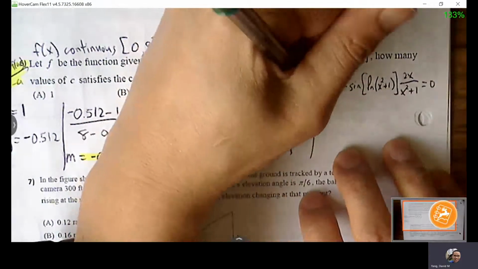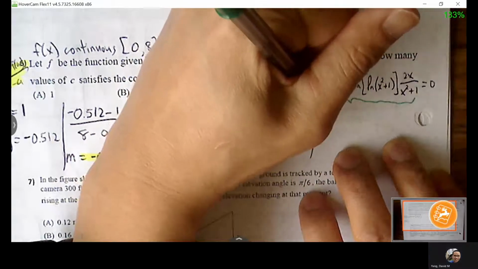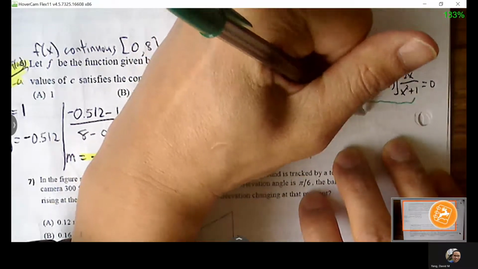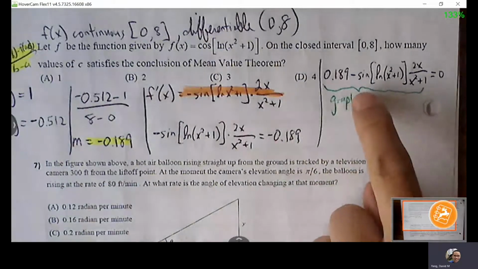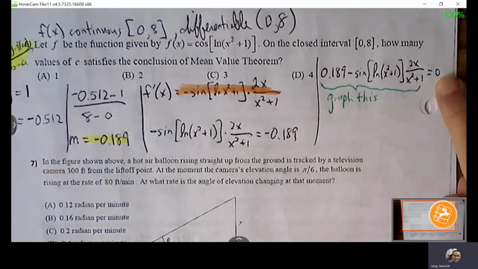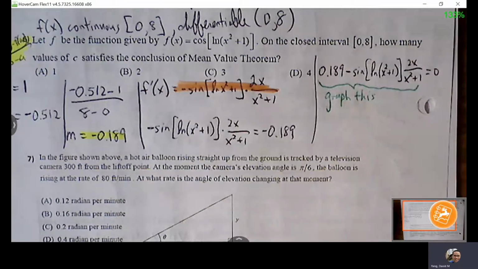And you're going to be graphing this. And as you graph this, you're simply looking to see where this graph is going to hit an intercept or hit the x-axis between 0 and 8.